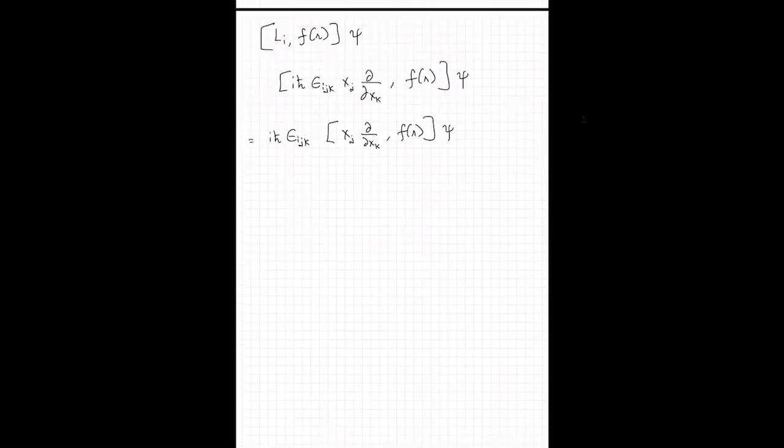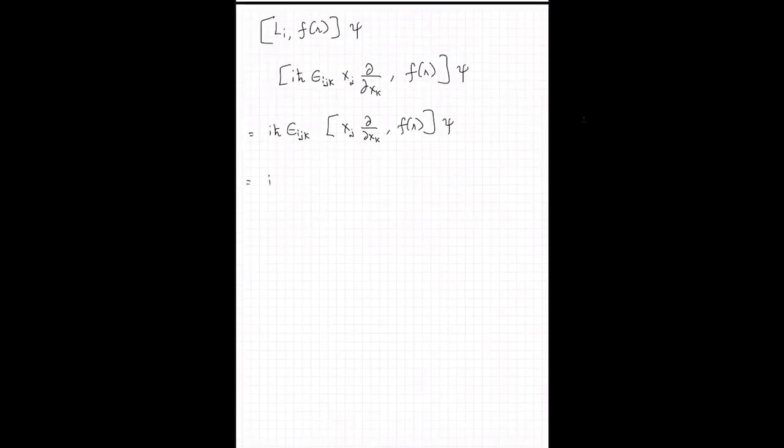Again, please stop me if you have any questions. So I'll write this down explicitly. This is equal to xj d/dxk acting on f of r times psi, minus f of r xj d/dxk acting on psi.